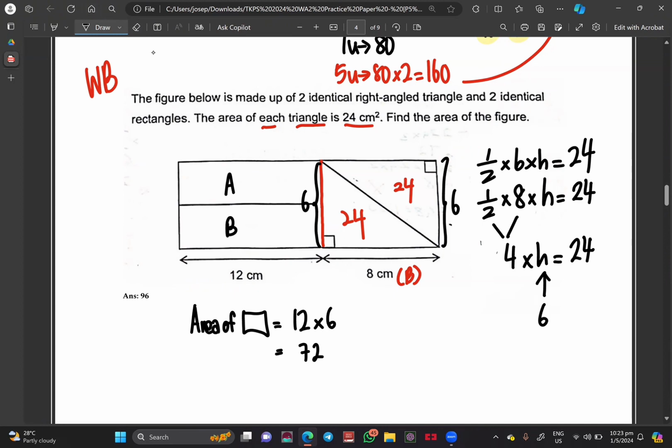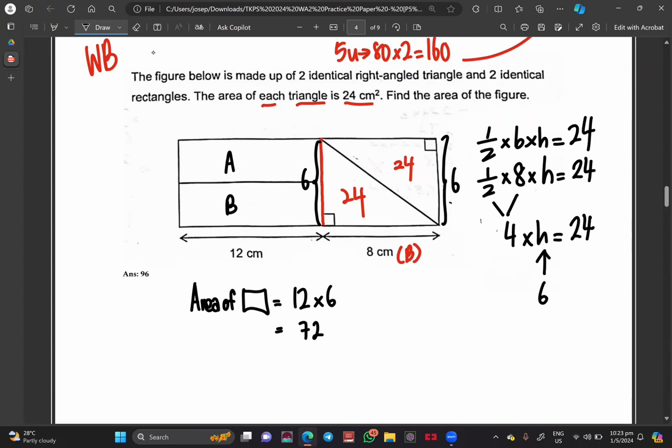Now, once I'm done with this, I want to quickly say, the area of the figure is also including this 24 and also the other 24. I know that this entire thing is 72, isn't that true? So we are going to next find the area of the two triangles. You can see each triangle is 24.